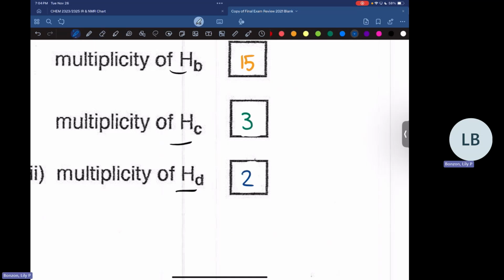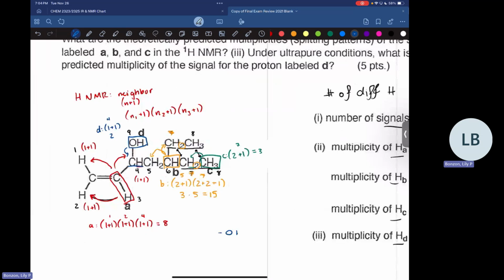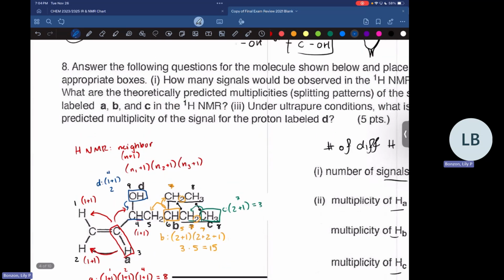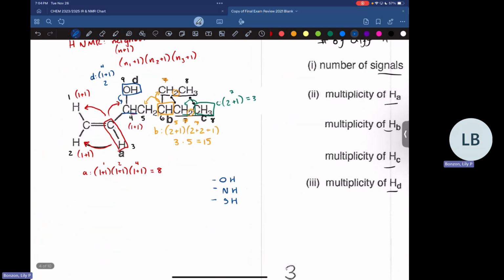I want to point out that the only time that you will consider the signals for an OH, an NH, or an SH is going to be when we have ultra pure conditions like it is specified in the instructions. So normally these hydrogens are too acidic to the point where they'll be protonating and deprotonating too fast for the machine to pick up the splitting pattern.